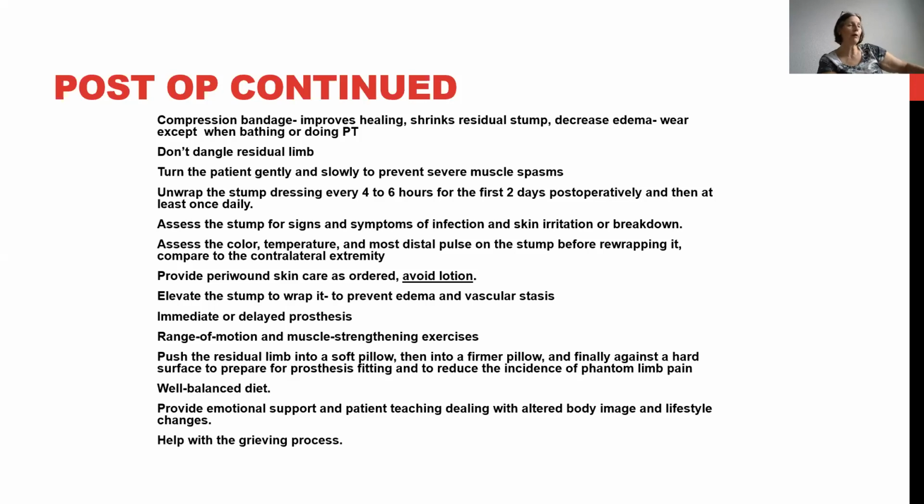Like if I take off above the knee, my femoral pulse site is the next best place to take a pulse. If I do a below the knee amputation, my popliteal site would be where I'd want to check pulses. If I do a toe amputation, I'm going to check dorsalis pedis pulses, because we want to make sure perfusion to the residual limb is good, and you want to document that carefully.